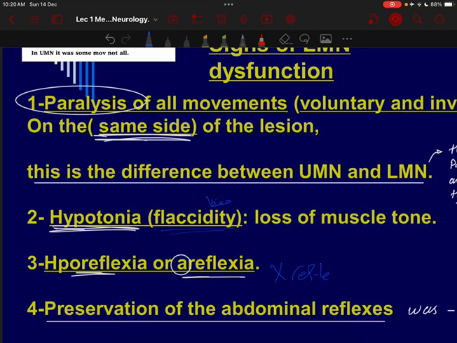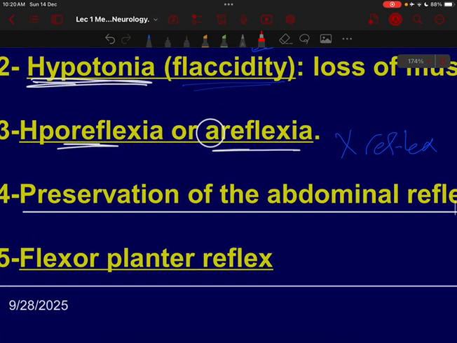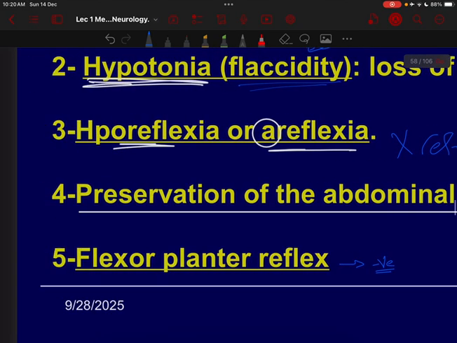And abdominal reflexes are present. والplantar reflex بابنسكي is negative, flexor. لما تعمل البابنسكي تشوف البيكتو go down, flexor. هاي مهم، فرق بين الأبر واللور.